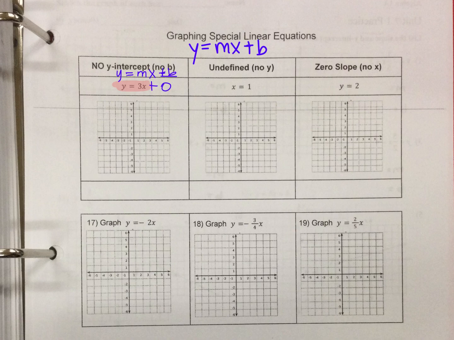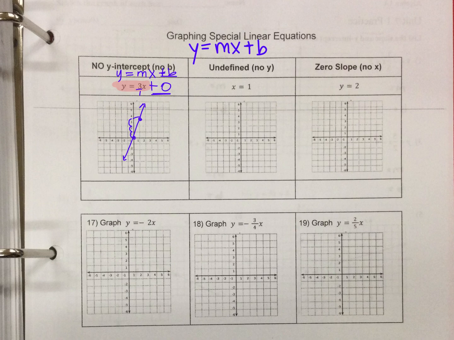So remember, we always start with the b. If I have to start with a 0, I just put my first dot right there in the middle. And then my slope, I rise 3. 1, 2, 3. It's positive. I'm going to run 1. And there's my line.